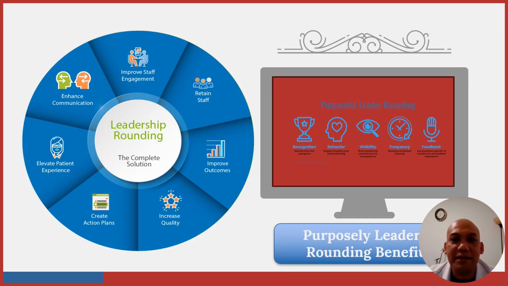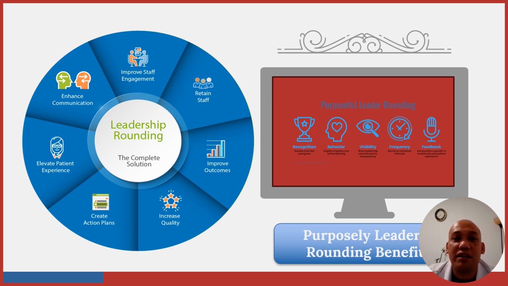All right, what are the benefits of a purposeful leaders rounding? So first is improve staff engagement. Of course, it will address what they need, not only the patient, but as well as the staff. Nurses are retained if they are happy and they have good staff engagement. So there's a chance that they will keep their current job.